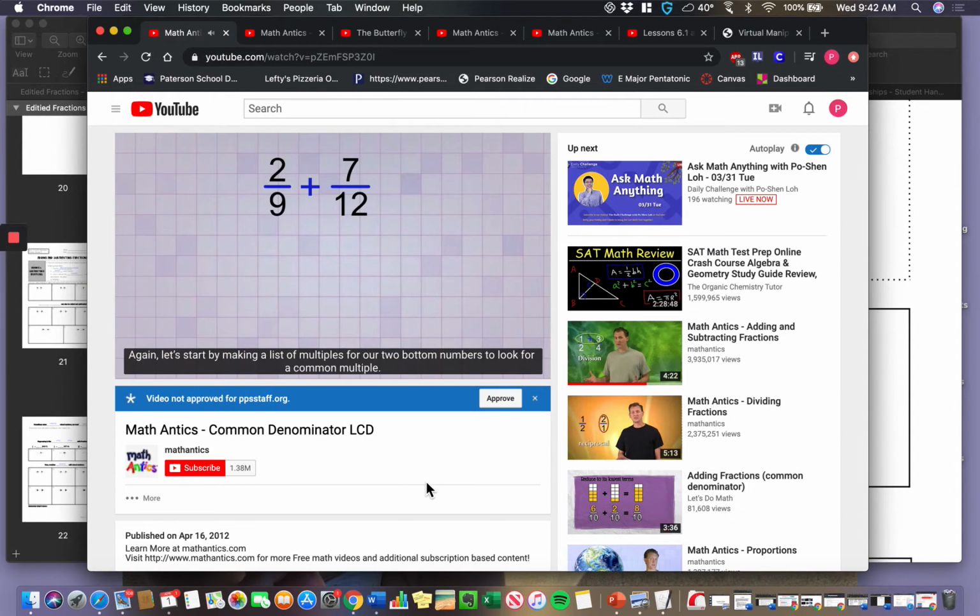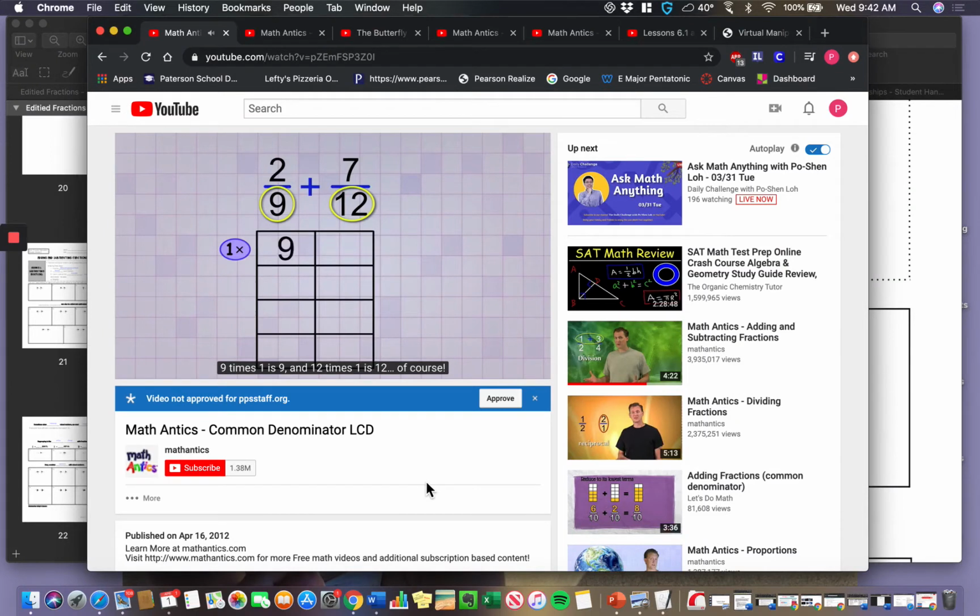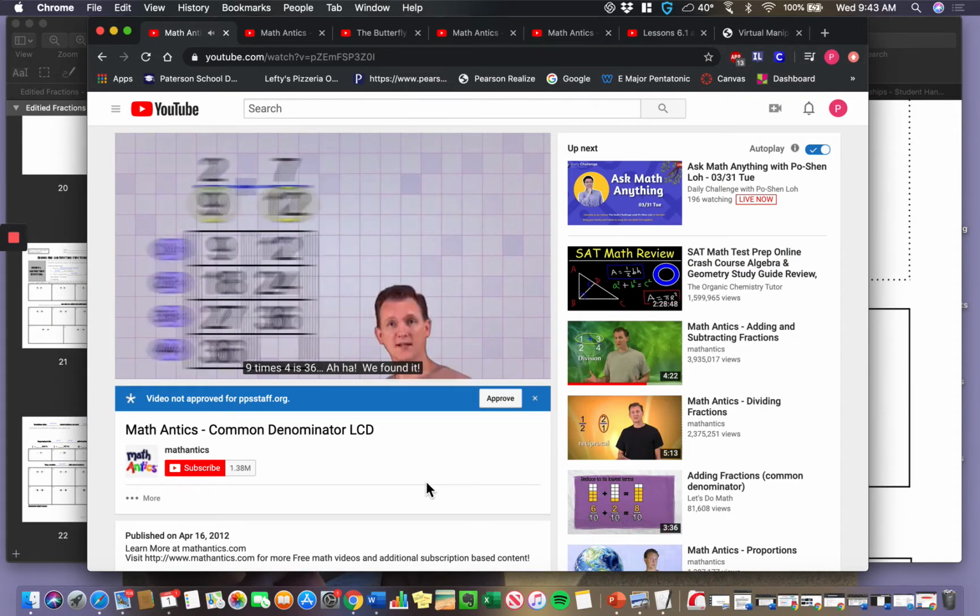Again, let's start by making a list of multiples for our two bottom numbers to look for a common multiple. 9 times 1 is 9, and 12 times 1 is 12, of course. 9 times 2 is 18, and 12 times 2 is 24. 9 times 3 is 27, and 12 times 3 is 36. 9 times 4 is 36. Aha!